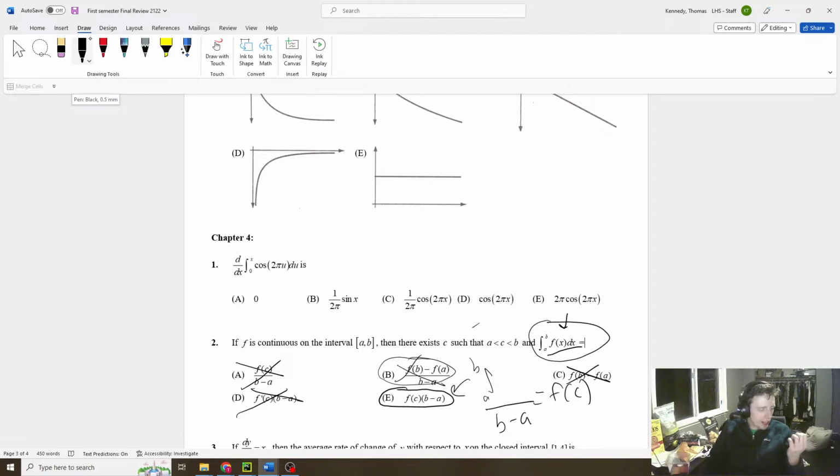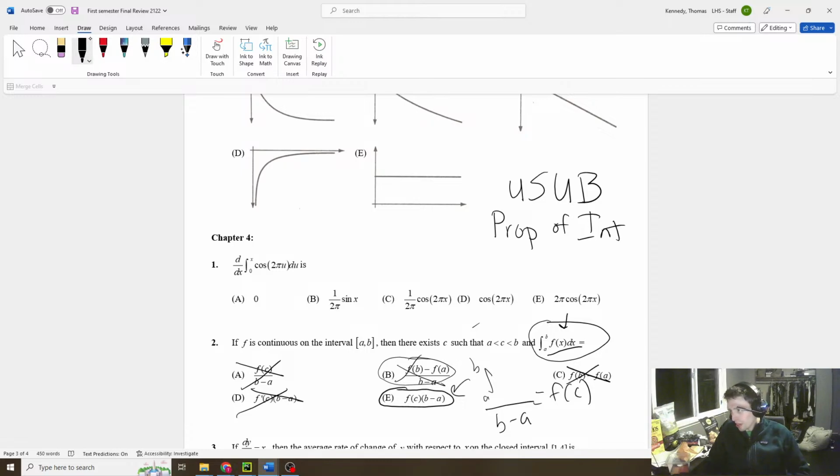There are Riemann sums on this, but as I talked about in class, hopefully in every class, but definitely at least in some of them, these are the big things: u-sub and properties of integrals. Those are the 2 big ones. I ate my FRQ. You did okay, I would say.